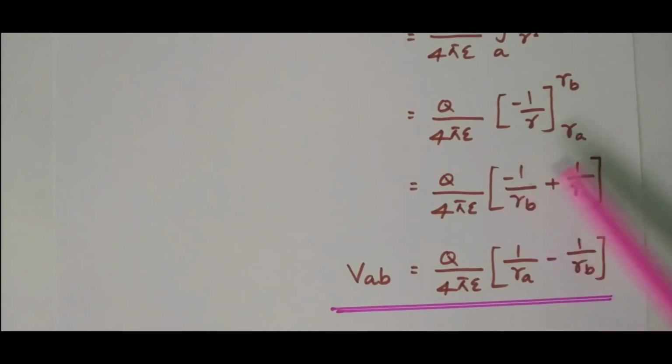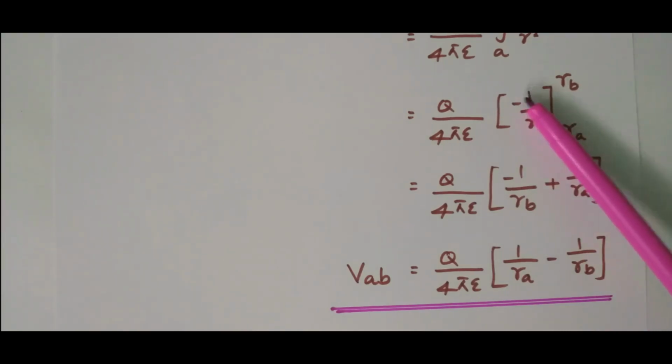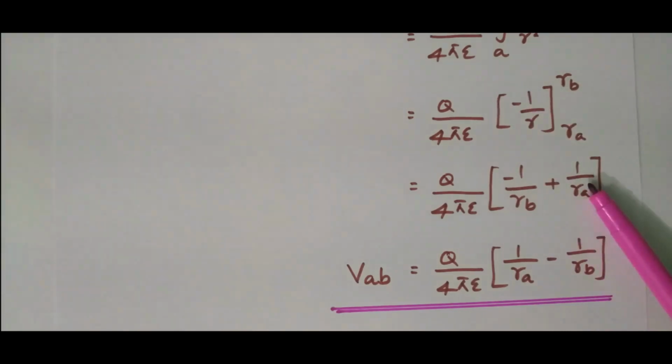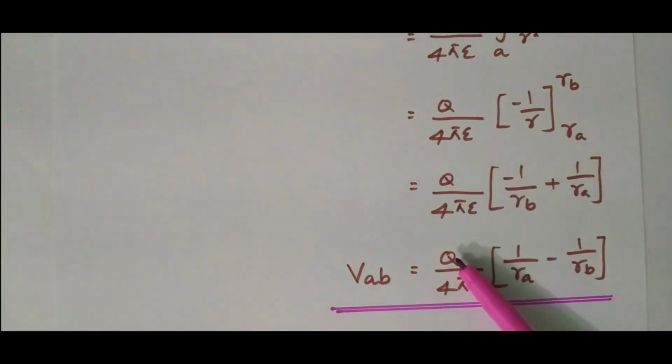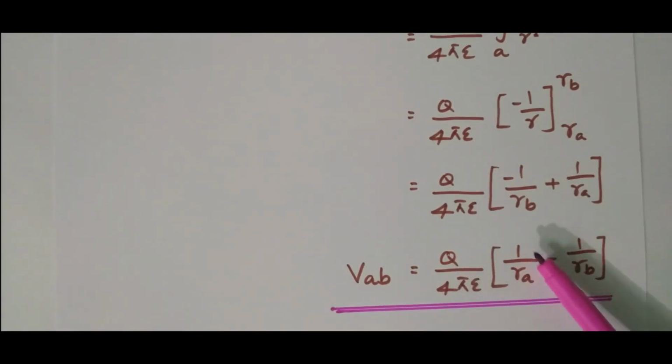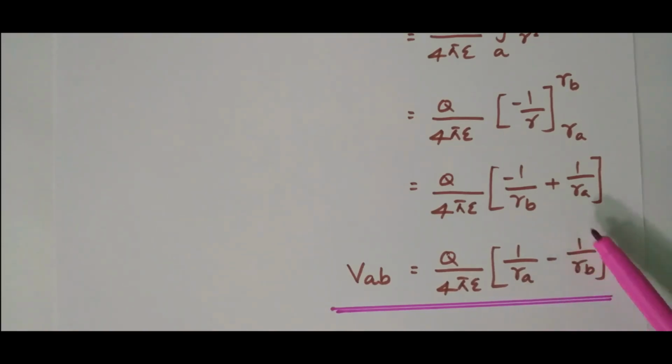So minus is there, while substituting the lower limit it becomes plus. So we will rewrite this as q divided by 4 pi epsilon into 1 divided by Ra minus 1 divided by Rb. That is the potential difference between the 2 points A and B. The points are represented as Ra, Rb.